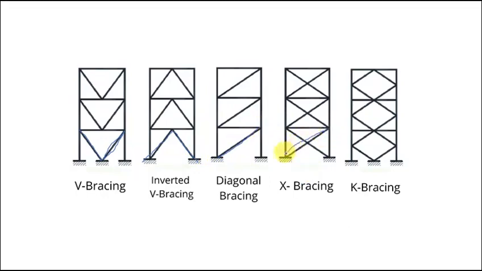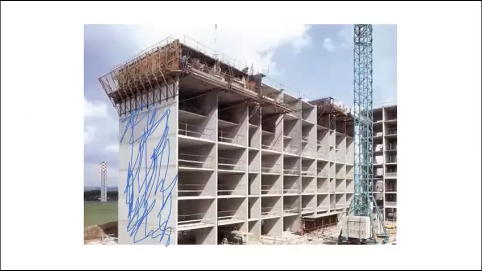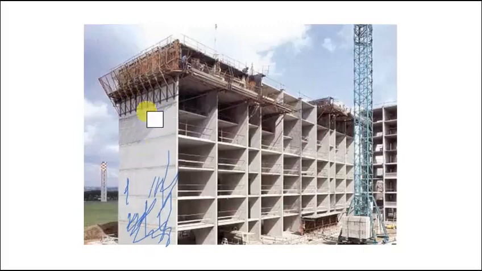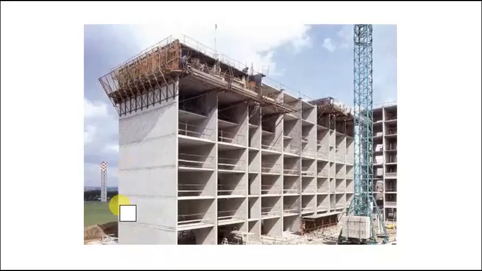X bracing is the double one, and also the K bracing, from the letter K. And for the shear wall, this one here, as you can see, is the shear wall. So this is what they are in reality.